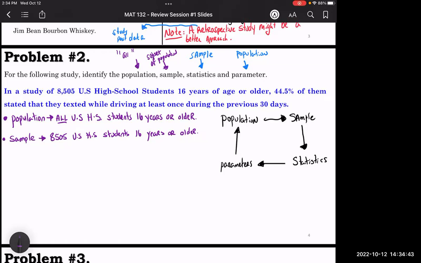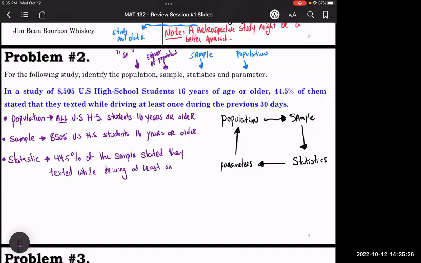So for our statistic, we can't just write 44.5, but what we can write is 44.5% of the sample stated that they text while driving at least once during the previous 30 days. Okay, so here's our statistic.